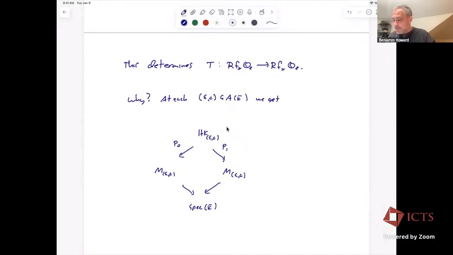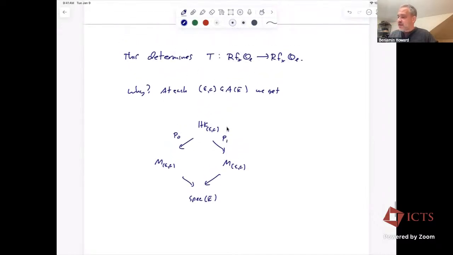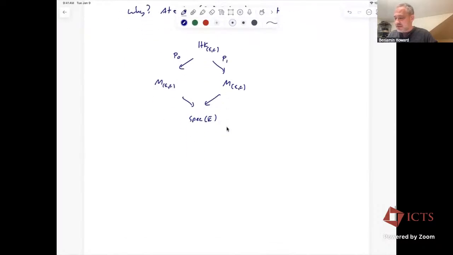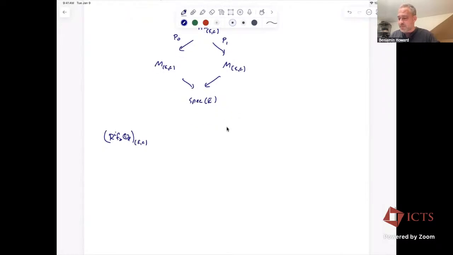And then the action of T, fiber by fiber, is, well, if I take the ith higher direct image and take its stalk at E_A, that is the ith cohomology of the Hitchin fiber.